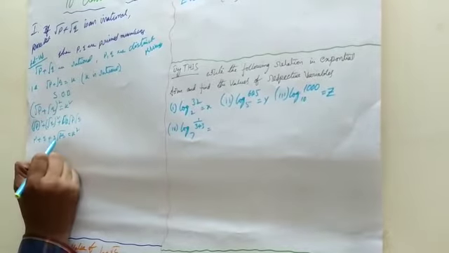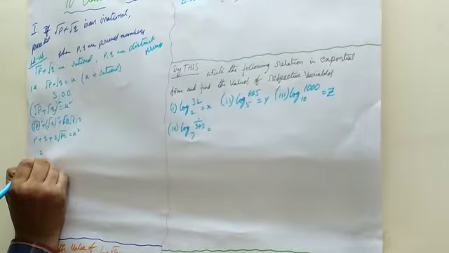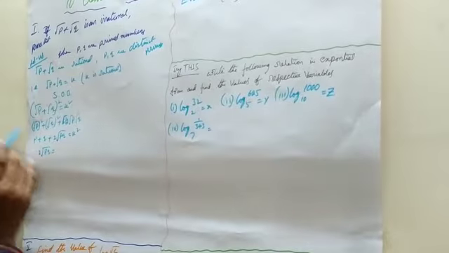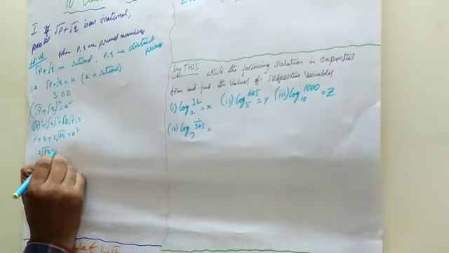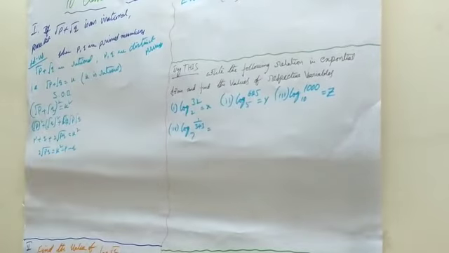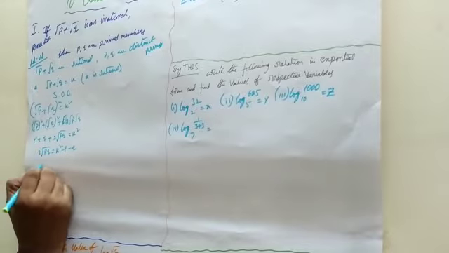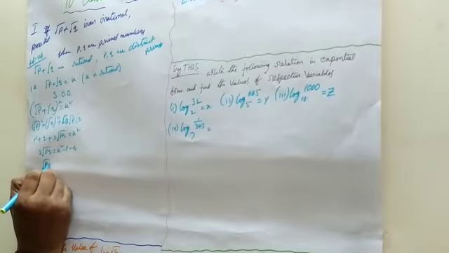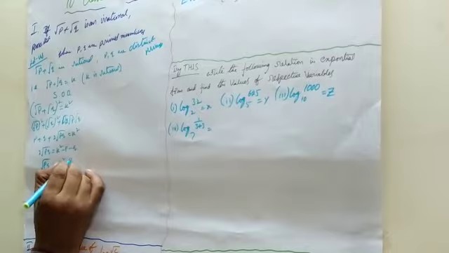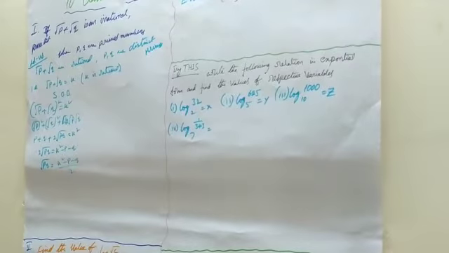Therefore 2 root pq is equal to k square minus p minus q, transferring to the right side. So root pq is equal to k square minus p minus q divided by 2.